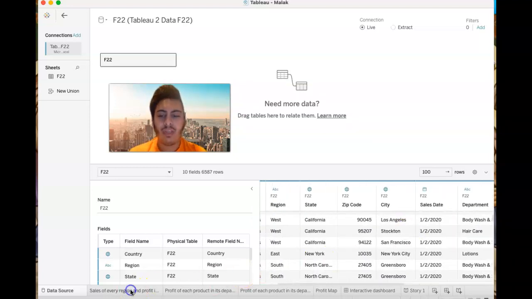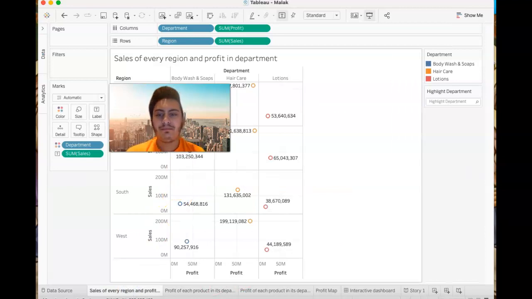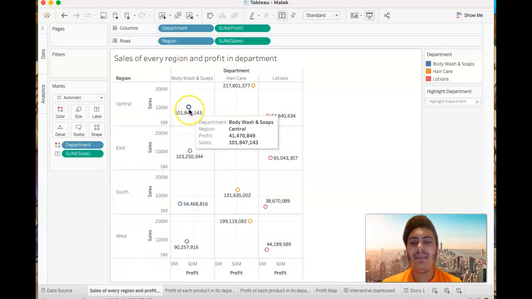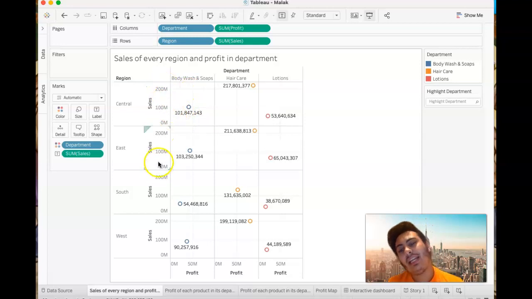Okay. So our first worksheet shows all of our regions. It shows the central, the east, the south, the west, and it shows each department and how much profit is being made in each department. Each department has a certain profit, and on the side here it shows the sales in each region.